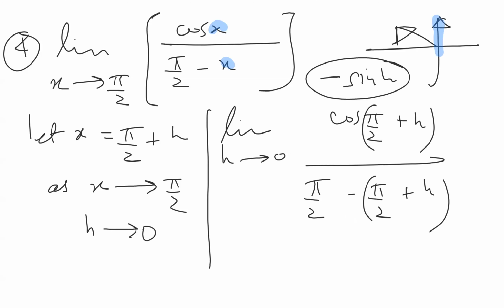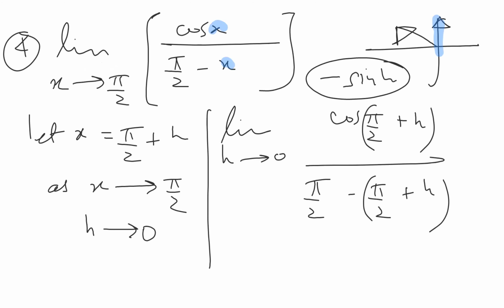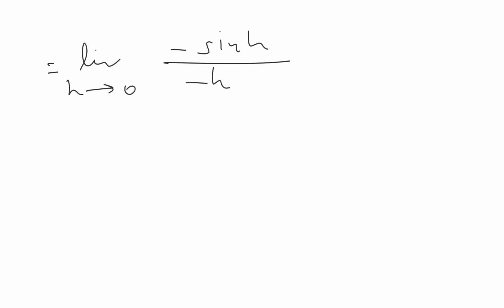So the numerator becomes minus sine h. Limit h approaching 0 of minus sine h upon minus h, because the denominator becomes pi by 2 minus pi by 2 minus h, pi by 2 gone, leaving a minus sign. Now the limit of sine h upon h is 1, and minus minus cancels, so the answer remains 1.